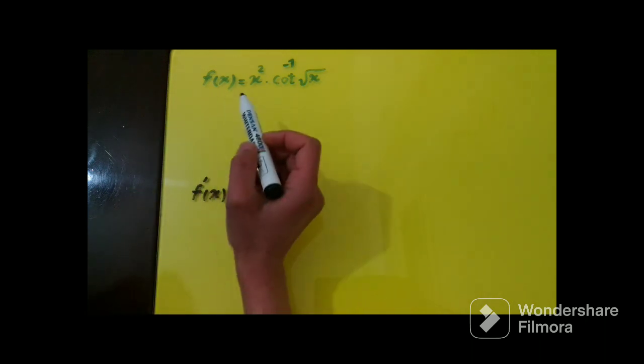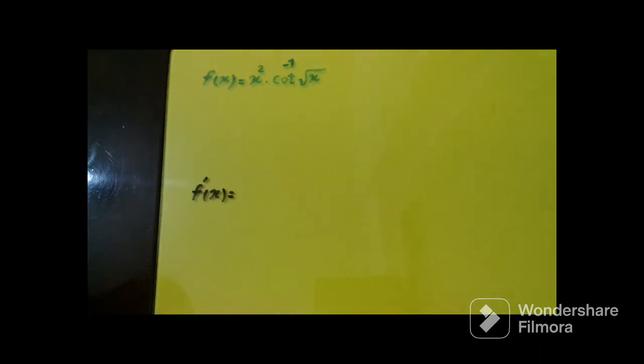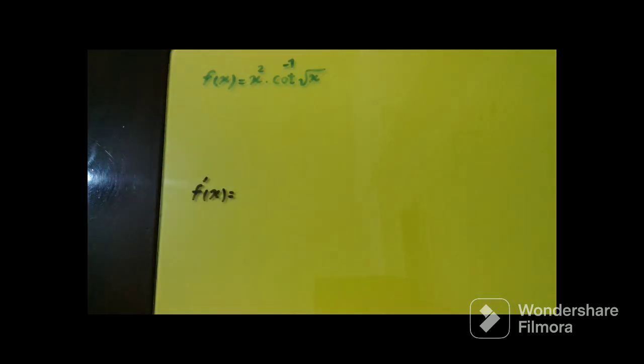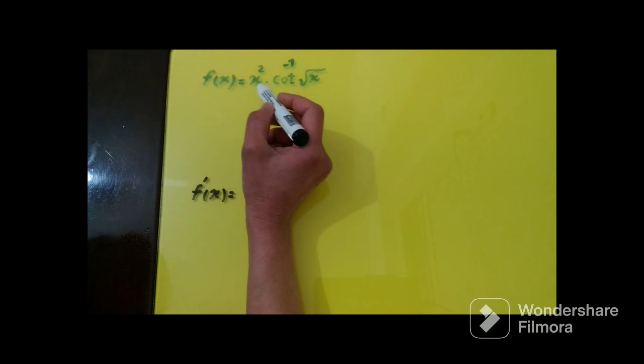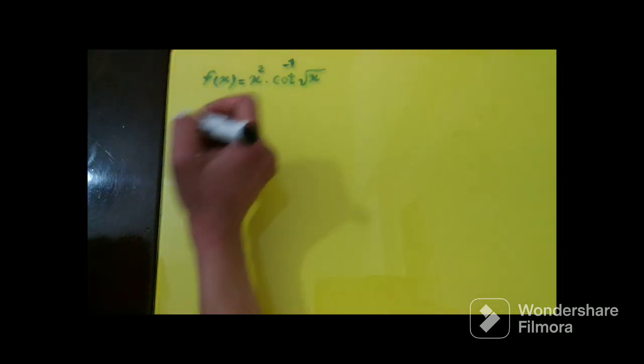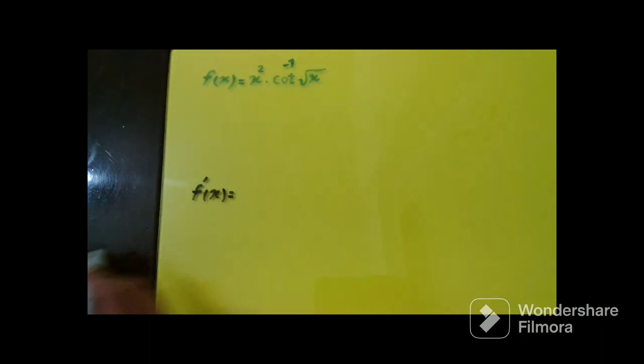Next problem. Okay guys, in this example, as you see, two functions multiply each other. So there is product rule here. According to the product rule, first you should get the derivative of this term. For getting the derivative of this term, according to the power rule, first you should bring the power down, then reduce the power by 1.